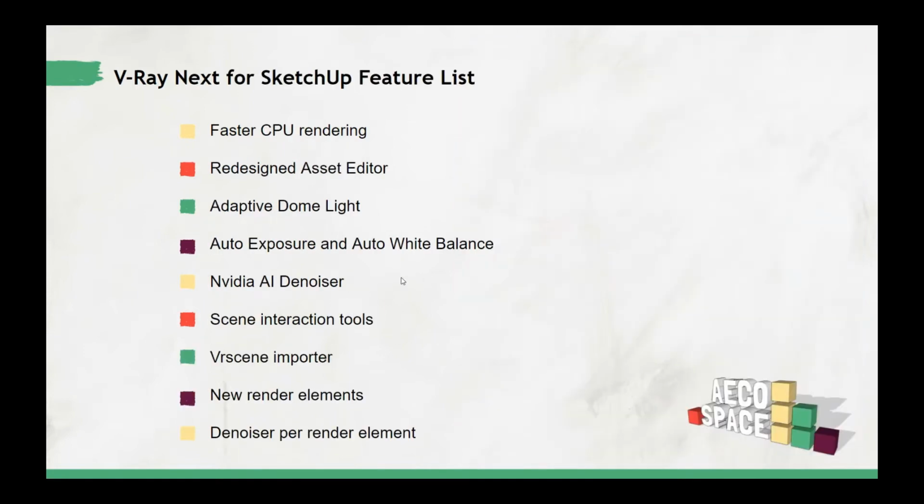Here is the V-Ray Next feature list, if you want to be more concentrated on what those features are. Besides the faster CPU rendering, an absolutely redesigned asset editor, even compared to V-Ray 3.6. We have the adaptive dome light, which is a speed optimization allowing you to render faster images with dome light without the need of skylight portals.